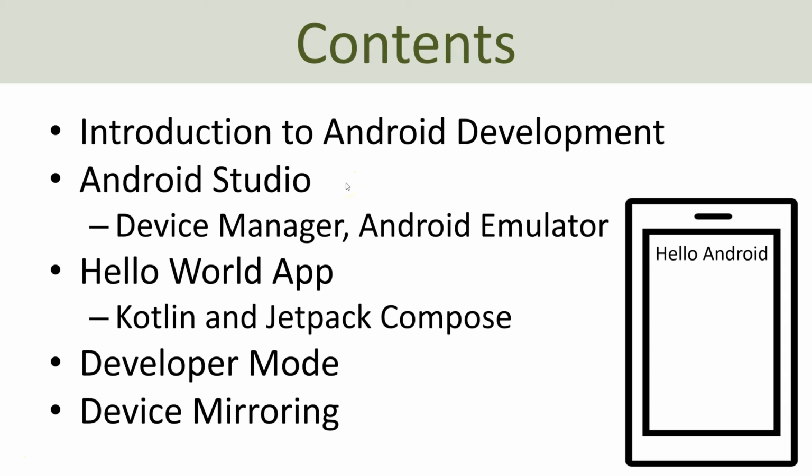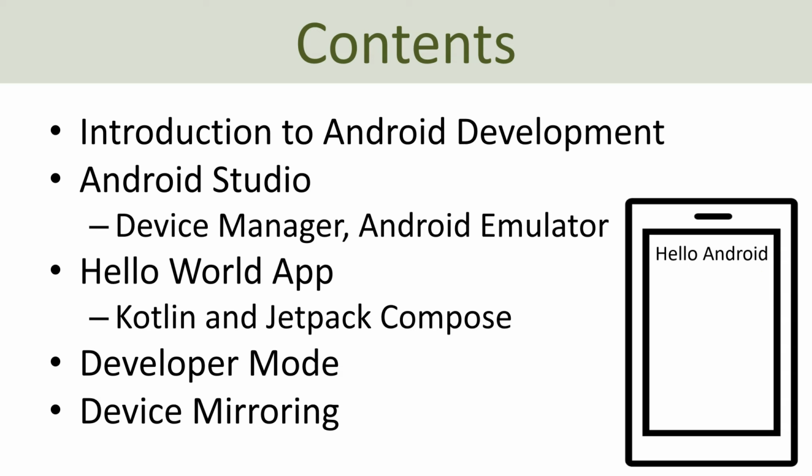So in order to start your Android development, you need to install the Android Studio, and if you don't have a physical Android device, you can use an Android emulator. We also show how we could create a simple Hello World application using the Kotlin Programming Language and the Jetpack Compose Framework for creating a simple graphical user interface, as this Hello Android example.